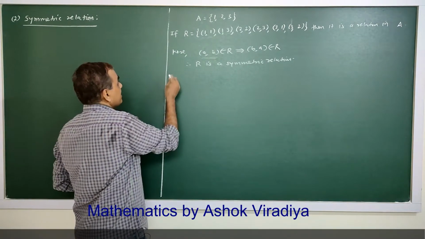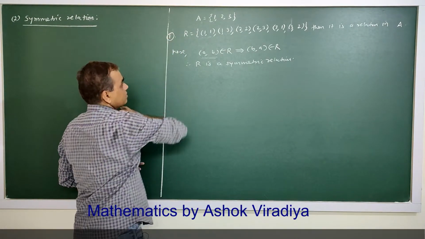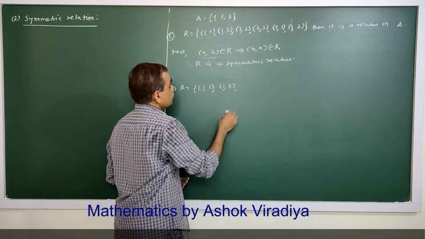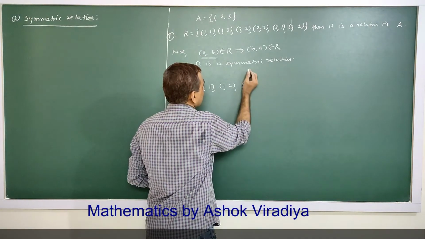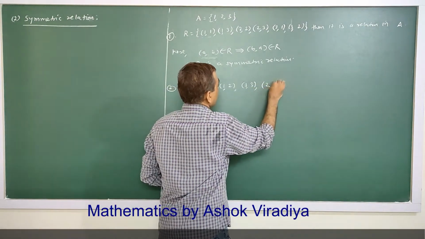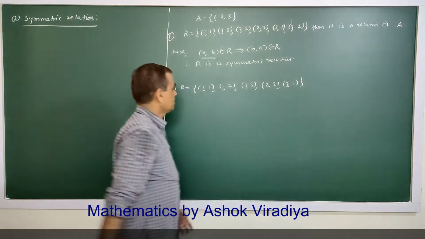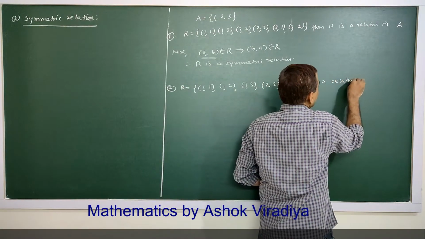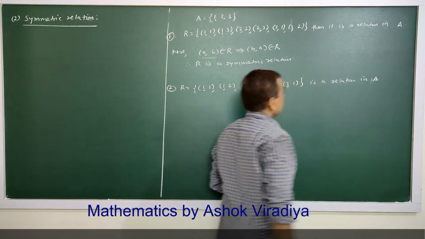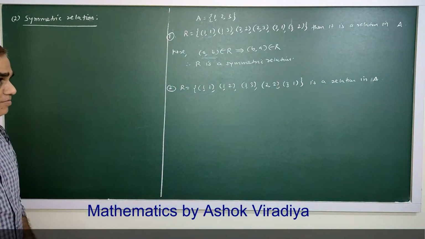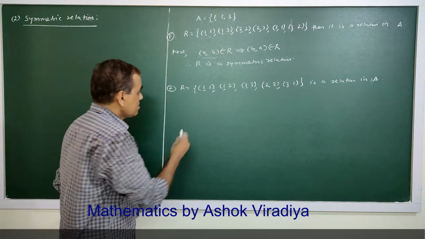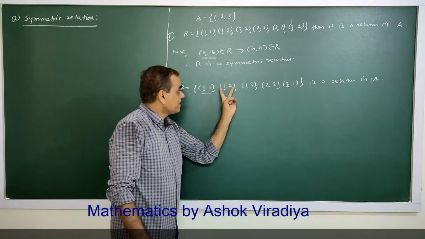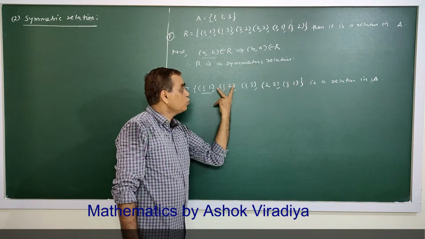Suppose I am taking one more example. Suppose I take R equal to (1,1), (1,2), (1,3), then (2,2), (3,1). This is a relation in set A. Given set A, it is a relation in set A. Now see, (1,1), its inverse is (1,1) itself, so belongs to R. Now check next, (1,2), its inverse is (2,1).